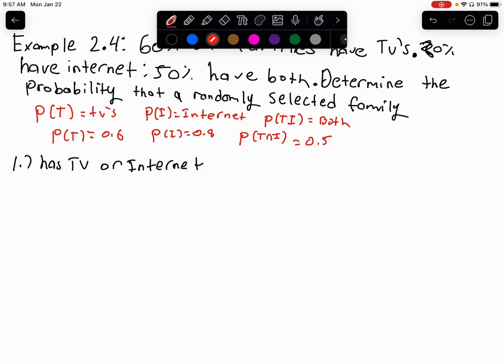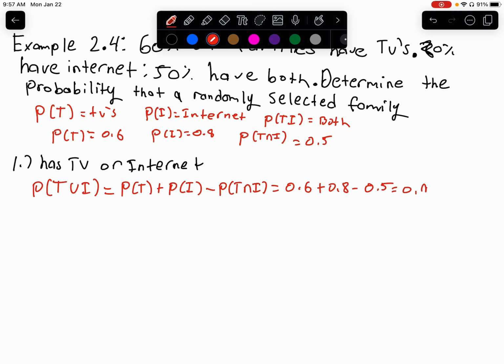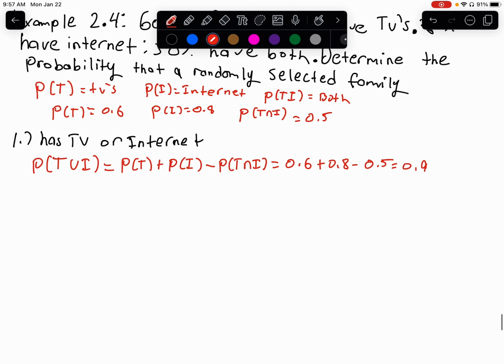To find this, remember we have a union of TVs and all the places that have internet. This equals the probability of TVs occurring, adding the probability of internet occurring, minusing if they have both. This equals 0.6 plus 0.8 minus 0.5. We have a probability of 90% occurring.